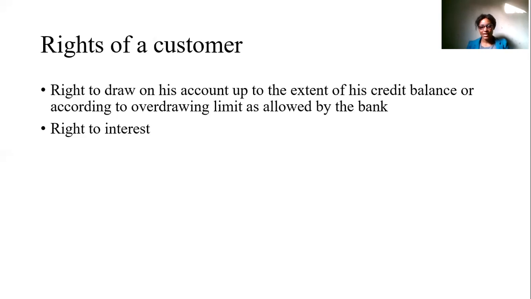It's your money. No wonder they are saying the right to draw on his account up to the extent of his credit balance. If a customer wishes, they can withdraw everything in their account as long as they are withdrawing up to the limit that the bank has given them. On the day they withdraw today, they withdraw tomorrow, they withdraw the other day, up to when their money is completely out of the bank. They can do that. They have that right to withdraw everything from the bank.